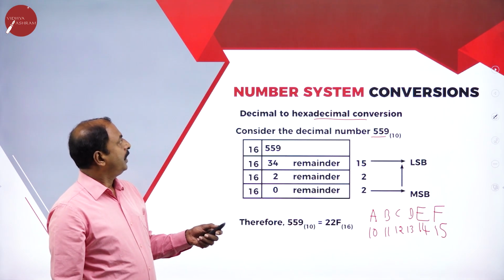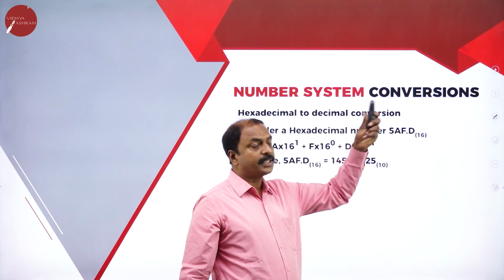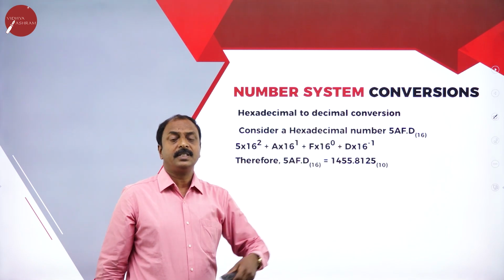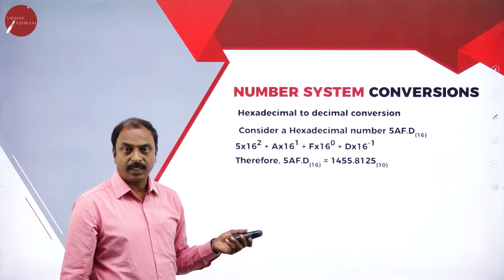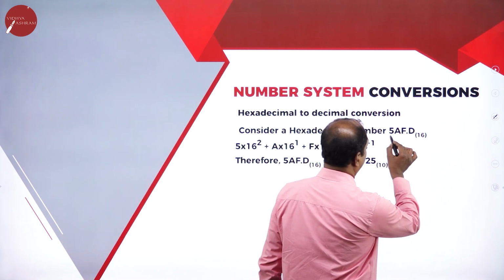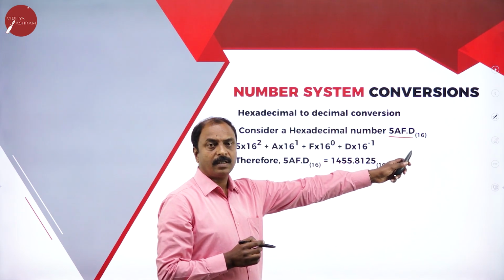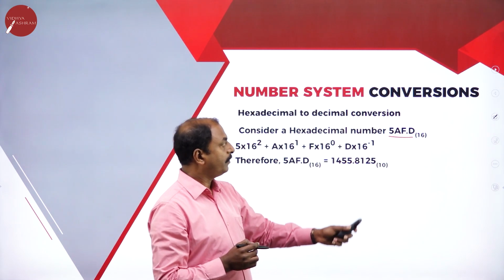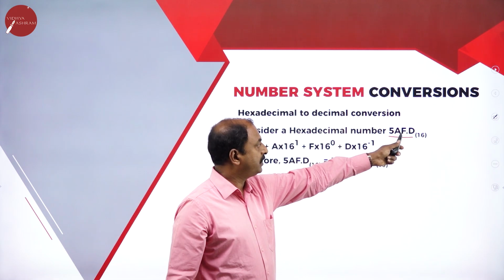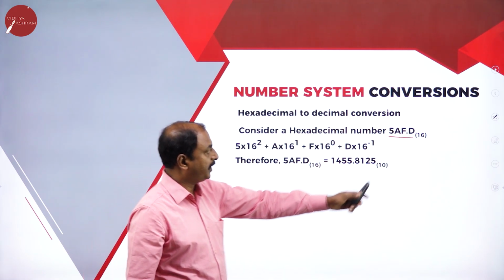The next conversion is from hexadecimal to decimal. That is the reverse of what we did in the previous slide. Here we have a hexadecimal number, for example 5AF.D, with a point before D. A, F and D are valid hexadecimal digits to the base 16.